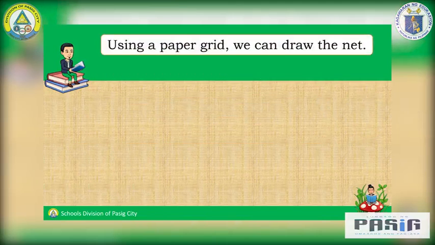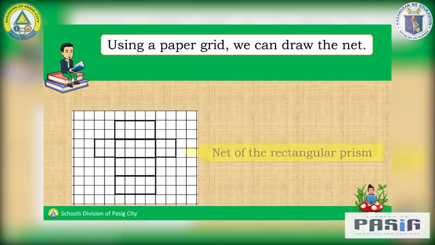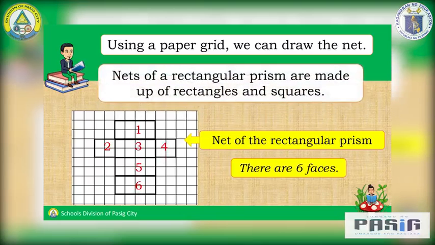Using a paper grid, we can draw the net. As you can see, there are 6 faces laid out in a pattern in 2 dimensions or plane figure. 1, 2, 3, 4, 5, and 6 faces.